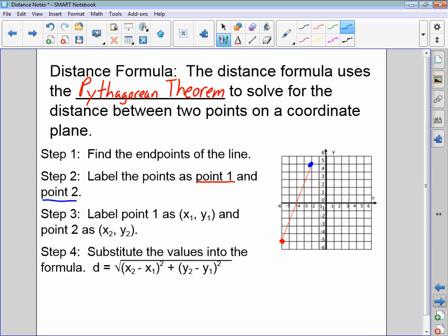It is -6 over and -5 down. So -6, -5. And point 2 is -2 over and 5 up.